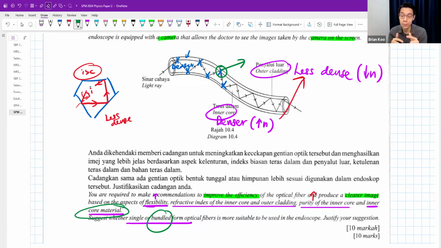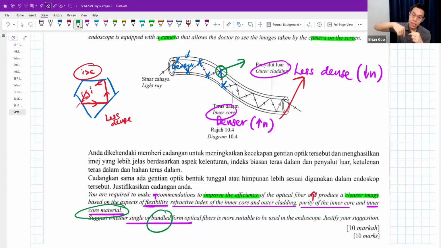Normally for endoscope, extra info, you will have a bundle that will help to send the light down because inside the digestive system, you cannot really see. So we need light to be sent down through one bundle. And then I need another bundle to help me to capture the image to bring the light signal out.